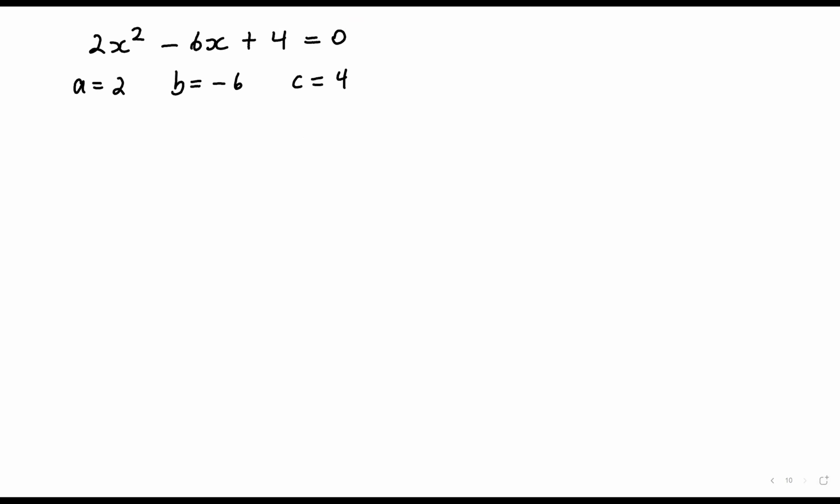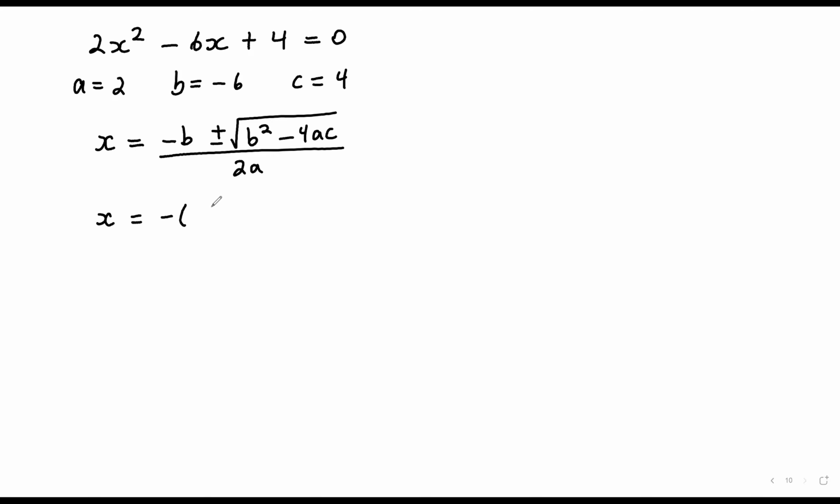All right, so substituting these values, let's recall the formula first. X is equal to minus b plus or minus the root of b squared minus 4ac all divided by 2a. So substituting our values into the formula, minus b will be minus negative 6. B is minus 6, right?